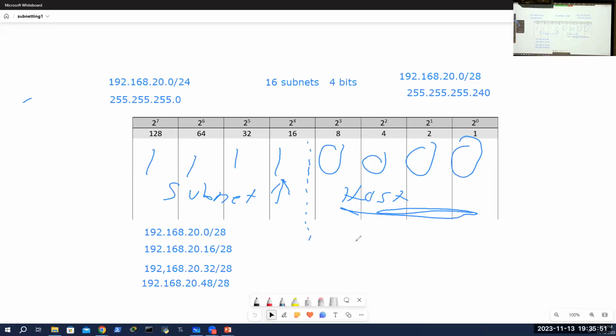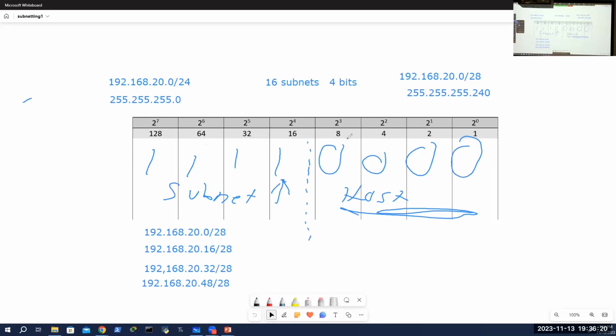Right, so how many hosts per subnet do I have? Okay, well, there's 4 bits, so 2 to the 4th is 16, but we have to subtract 2 for the network ID and the broadcast. It's 2 to the n minus 2, right? So we have 14.